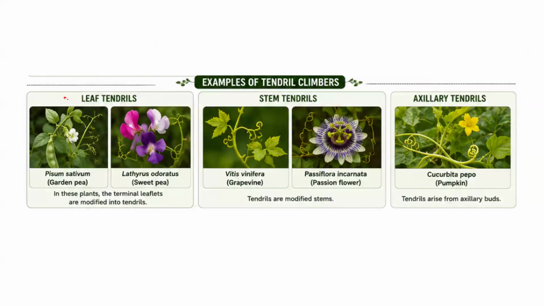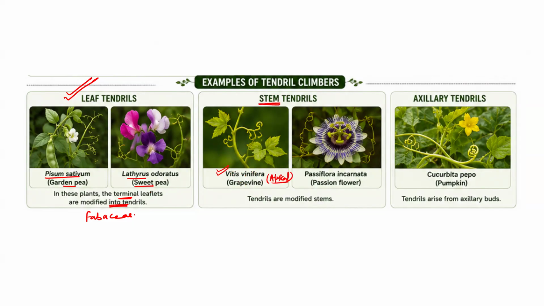Example, if a leaf is becoming a tendril, if you see here, these are the two examples of family Fabaceae. Pisum sativum, garden pea, and Lathyrus odoratus, sweet pea, in which case the terminal leaflet is modifying into a tendril. Now, if an axillary bud or apical bud is modified into a tendril. In Vitis vinifera, it is the apical bud which is modifying into a tendril, which is a part of the stem.